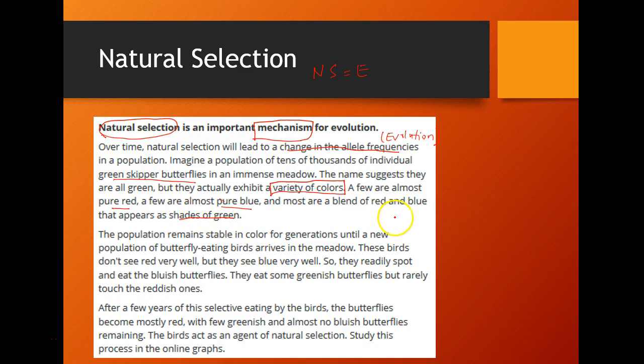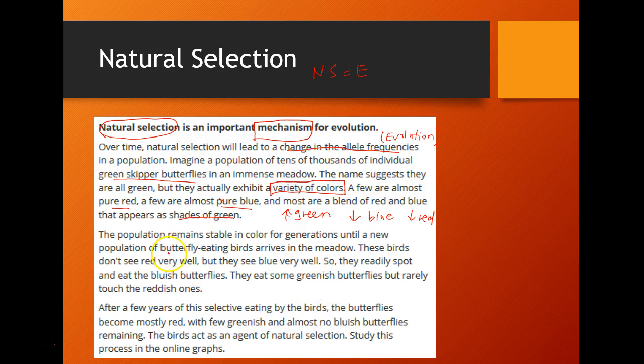Okay, so that means we have lots of green, right? And then low amounts of blue and low amounts of red. Okay, and the population remains stable in color for generations. So we have that same makeup for a very long time.